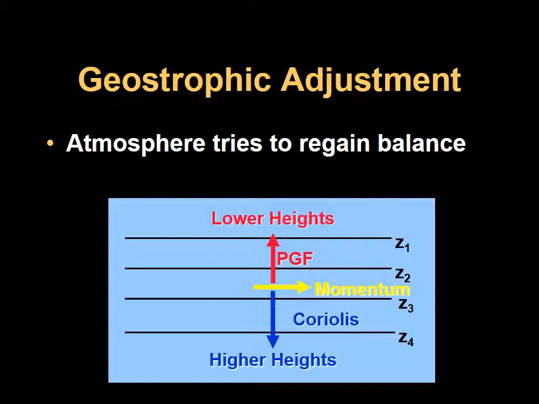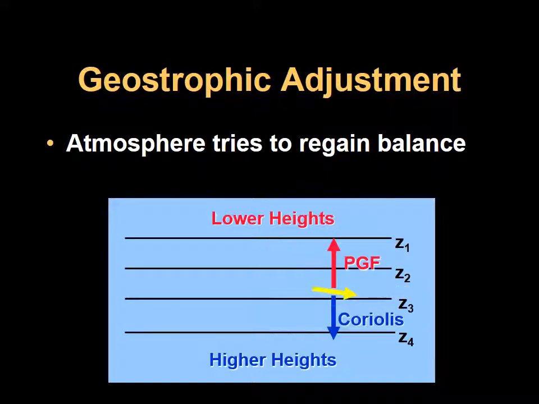But then the wind continues to accelerate a little bit. It has momentum, so that slight increase in the wind speed results in a higher Coriolis force. And that will pull it back to the higher heights.